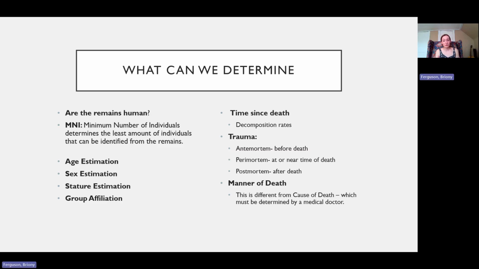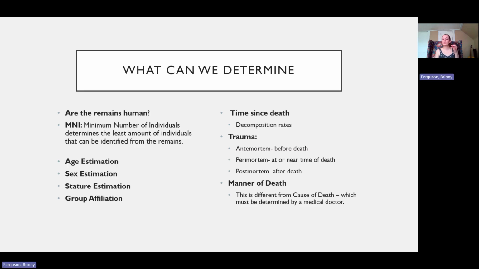There are constantly improvements being made with technology and the tools that are used so that we can try and take less and less bone. But you have to slice into the bone to get a sample to actually test. We don't want to do that to every single bone.